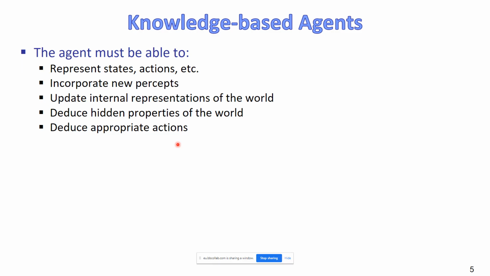Okay, that means that the agent has some responsibilities. In terms of implementation, the agent has to represent states and a list of actions. It has to incorporate new percepts, so it has to make sure that it gets new input from the environment, and the input might be of different types. It has to update the representation of the world.